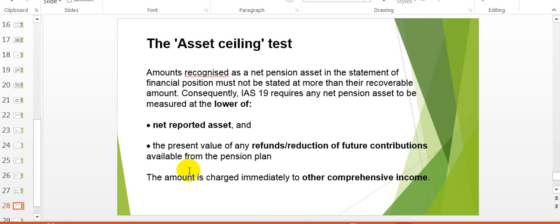Consequently, IAS 19 requires any net pension assets to be measured at the lower of the net reported asset and the present value of any refunds or reductions or future contributions available from the pension plan. The amount is charged either to other comprehensive income.